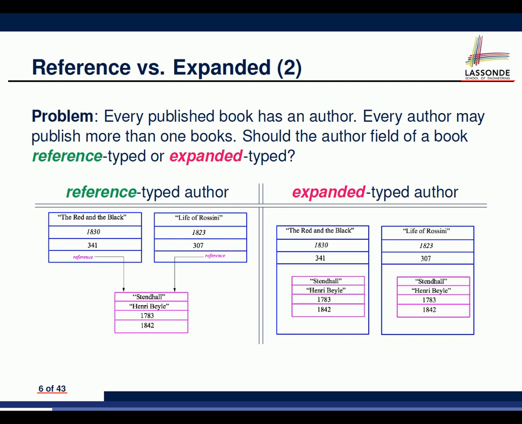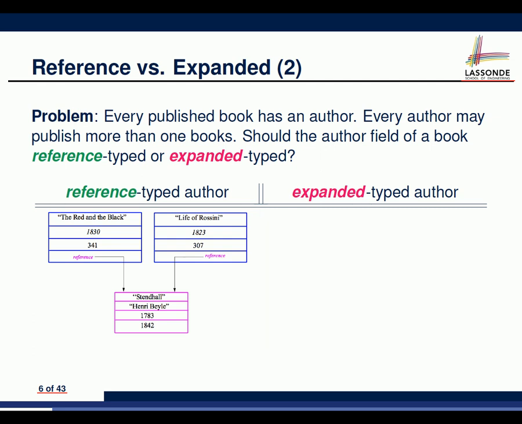Sorry, can you just repeat what you said about the first part, the reference type? Yeah, sure. So the left diagram over there, we know that the author attribute over here, let me just use the cursor here, is of reference type, which means they point to the same author object. So they are shared, that's aliasing.